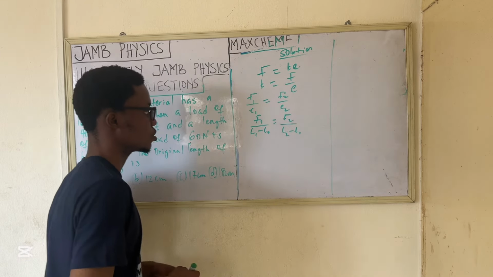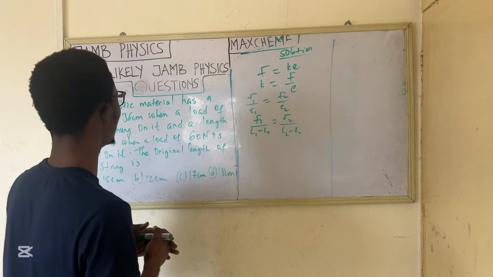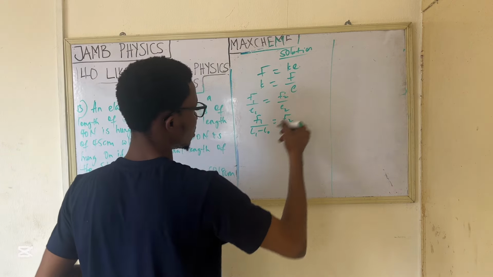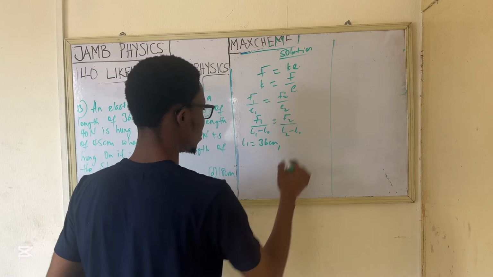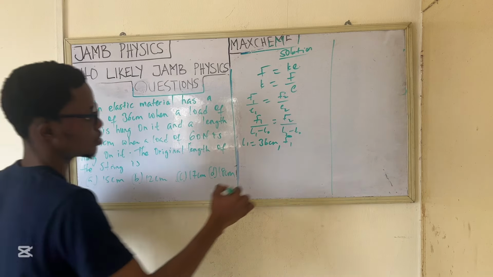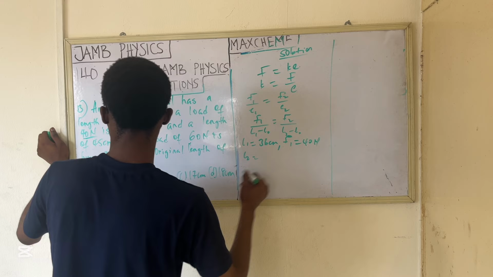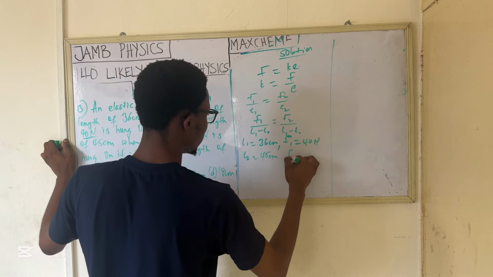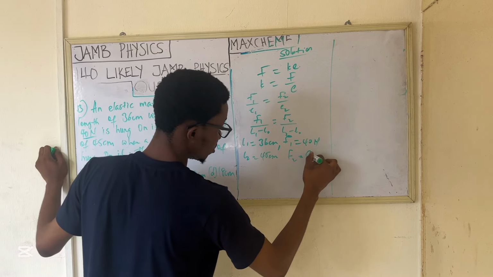That's how we get the extension. So if you look at the question, L1 is 36 centimeter and F1 is 40 Newton. L2 is 45 centimeter and F2 is 60 Newton.